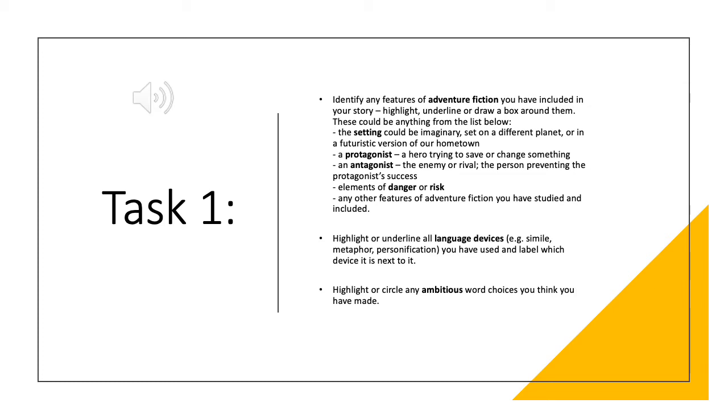And when you finish that, highlight or circle any ambitious word choices you think you have made. So anything ambitious or sophisticated. Remember, we're looking for non-average words. We're looking for something very imaginative. So any word that you think, right, that's a really good word and I'm really proud that I've added that, highlight it or circle it.